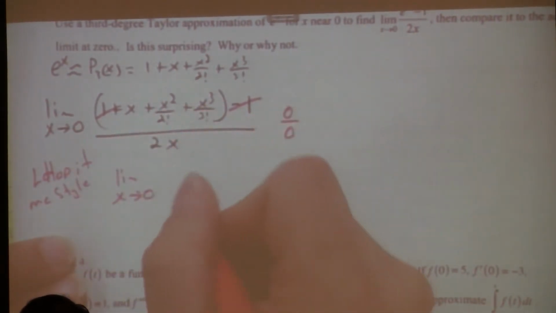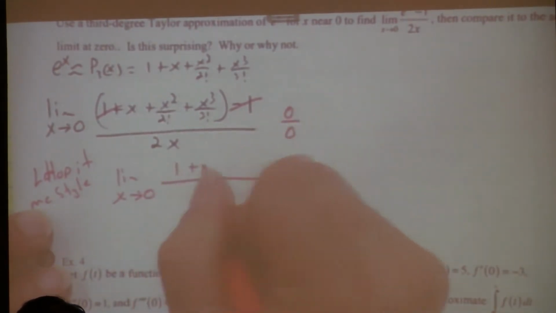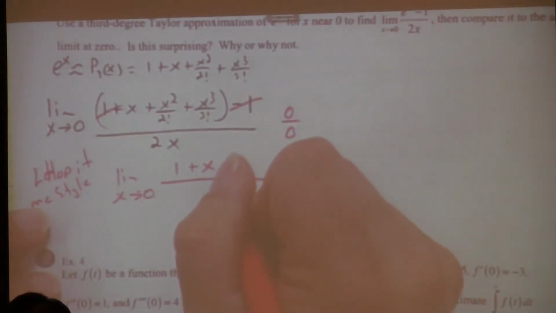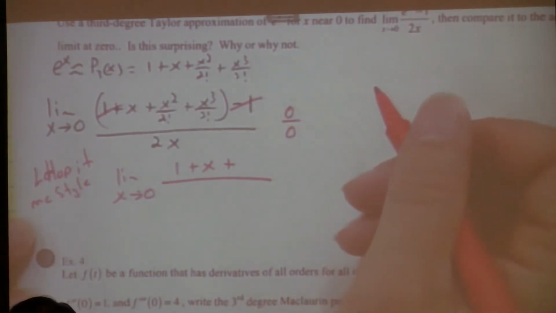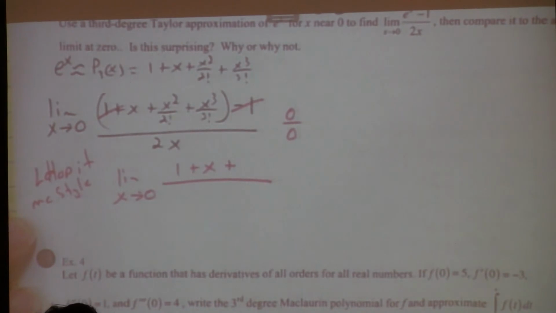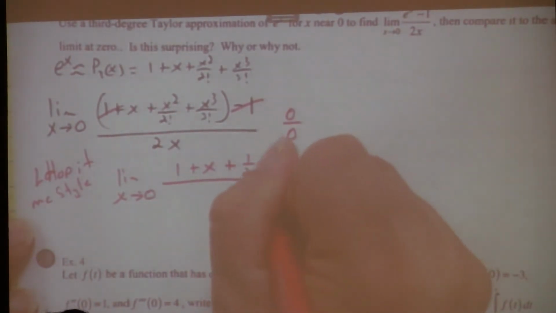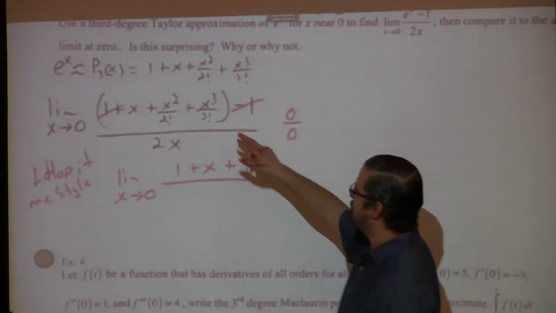What's the derivative of the numerator? 1 plus x plus... x squared over 2, so 1/2 x squared? The 3 would be in the front, and we'd have x squared, right?